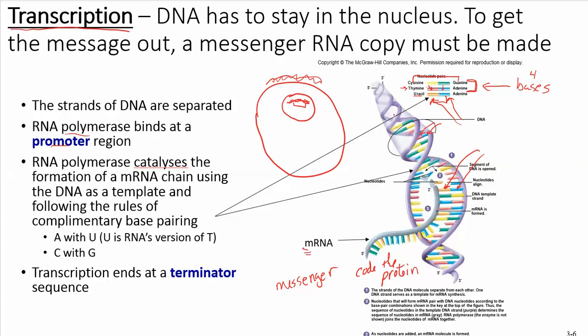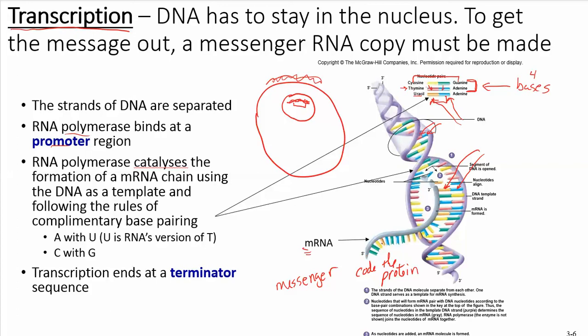So that's basically all that's happening. Here's your DNA. It's just sitting there. You say, I need to turn this gene on. For whatever cell you have and whatever protein you need to make in that particular cell, you say, the code for that protein is in the nucleus. I need that, but the DNA can't leave, so I'm going to make an RNA copy of it. And the RNA is single-stranded, and that's good enough for what it has to do.